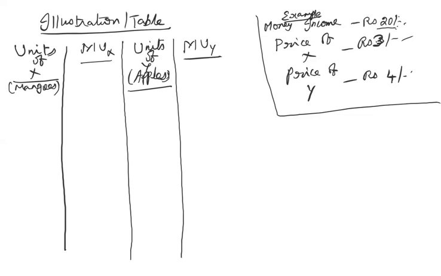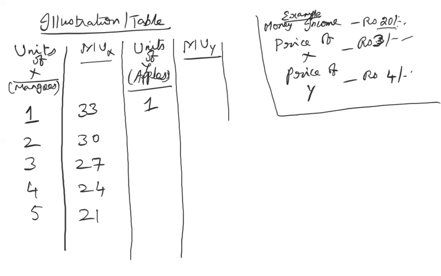Let us assume the first unit of mango consumed has a marginal utility equal to 33. Second unit, automatically the marginal utility decreases to 30. Third unit, 27. Fourth unit decreases to 24, and fifth unit to 21. The first unit of apple gives him 36 units of satisfaction.